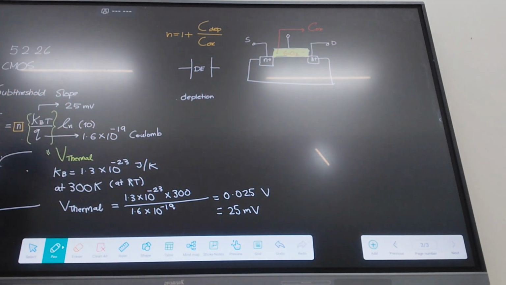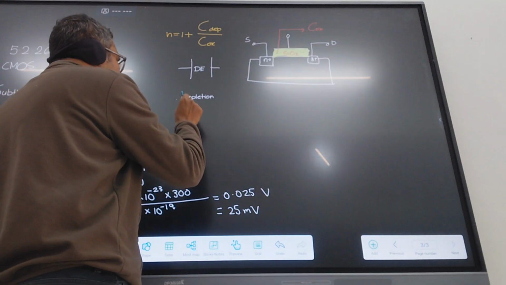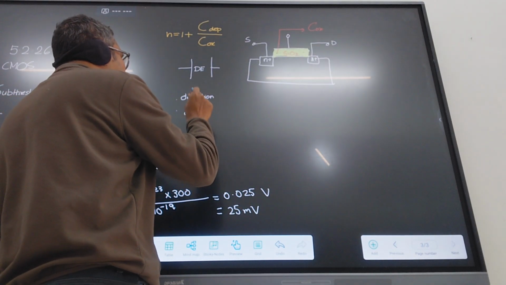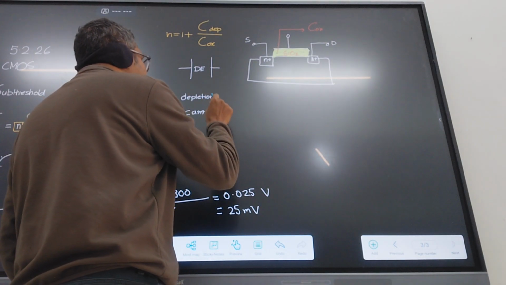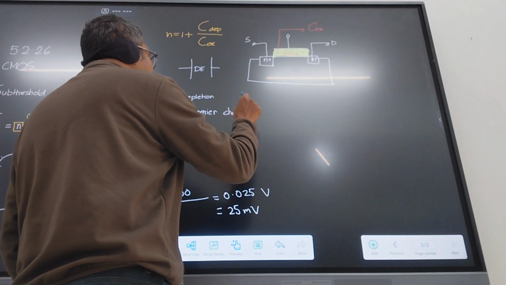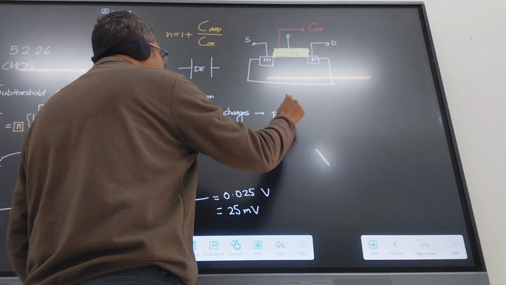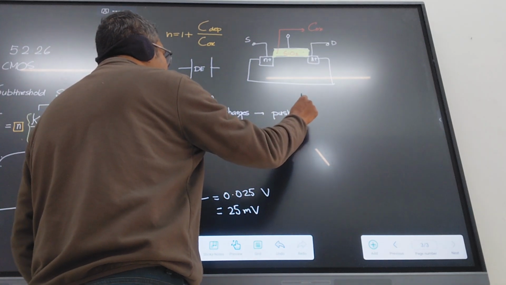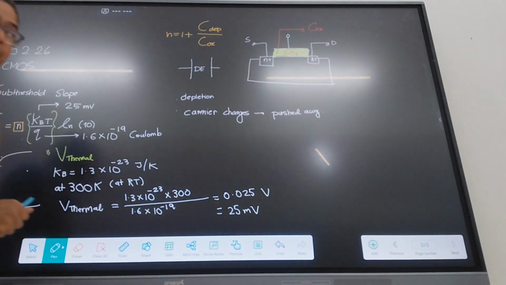Depletion means a process by which the carrier charges are pushed away.